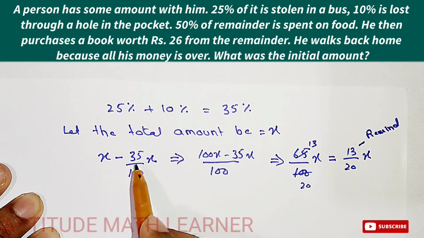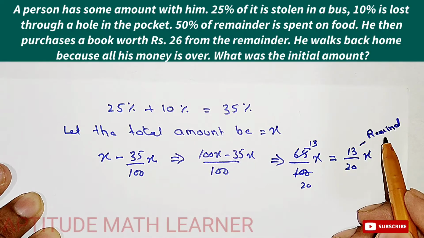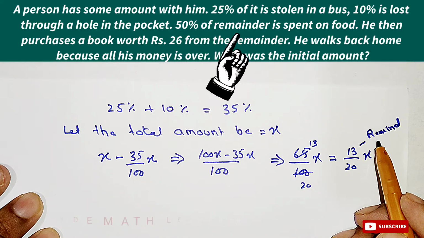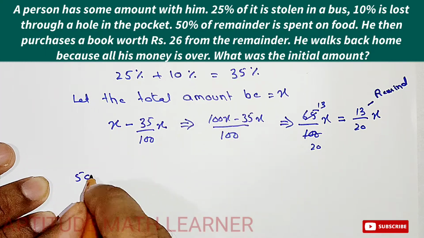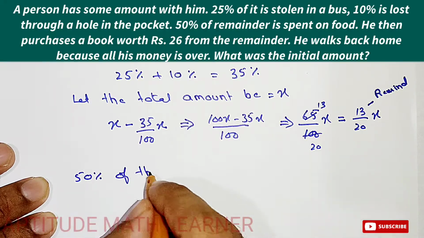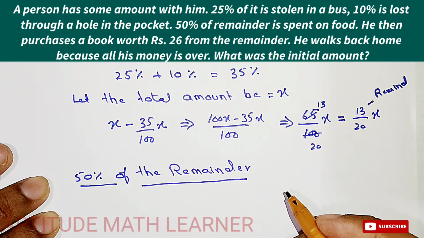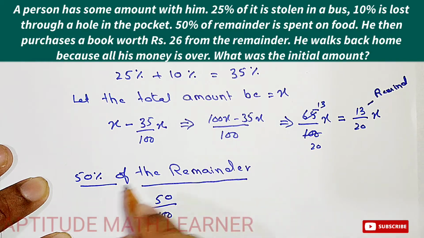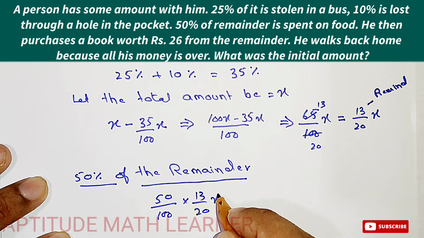So here we have minus 35% from the total, and now we have got the remainder. The remainder is 13 divided by 20x, and we take 50% of the remainder.